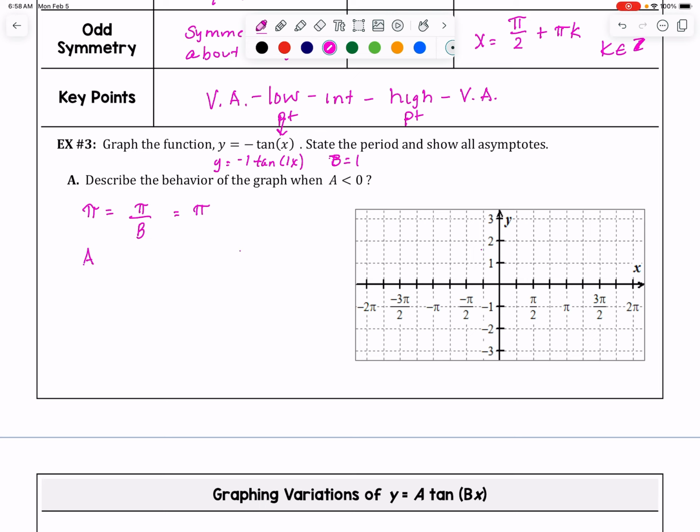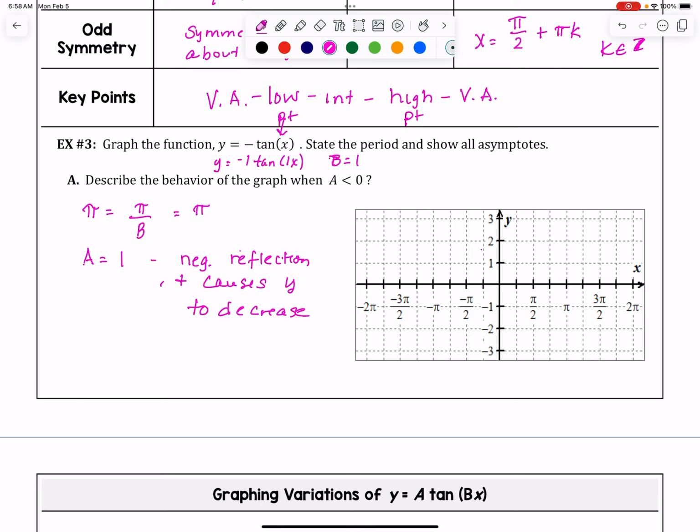A is 1, but the negative causes the parent function to be reflected across the y-axis, and so it's decreasing on the domain, okay? So negative is a reflection and causes y to decrease on the domain, okay?